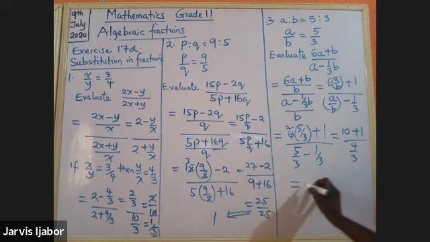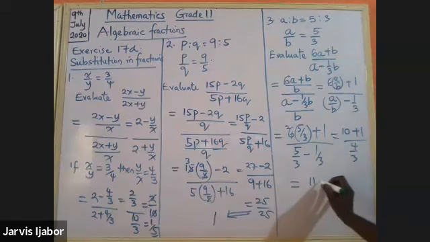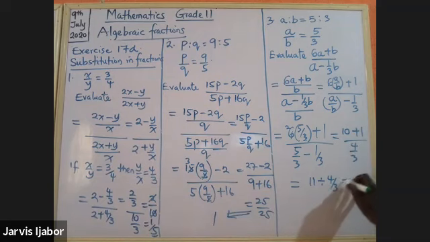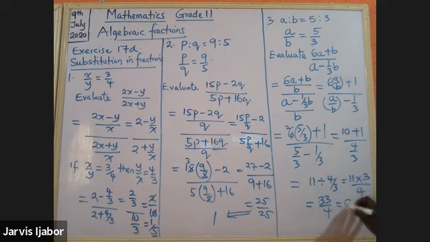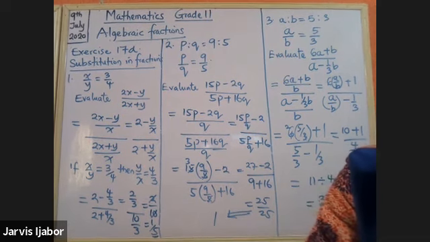So this will mean 11 divided by 4 over 3, which will be 11 times 3 over 4. So what is the answer? The final answer will be 33 over 4, which you can write as a mixed number, 8 and 1 over 4.